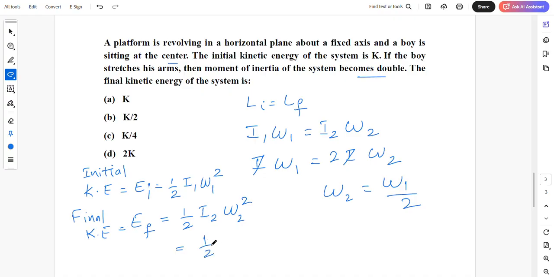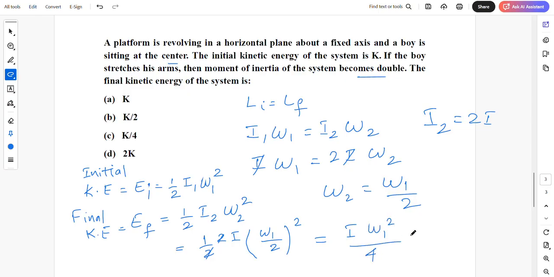E2 is equal to 1 by 2. What is happening here? I2 is equal to 2I. That is 2 into I, into omega 2, which is omega 1 by 2, the whole square. 2 gets cancelled. That is equal to I into omega 1 square by 4.